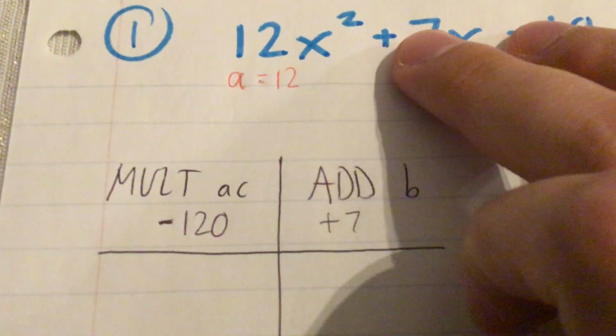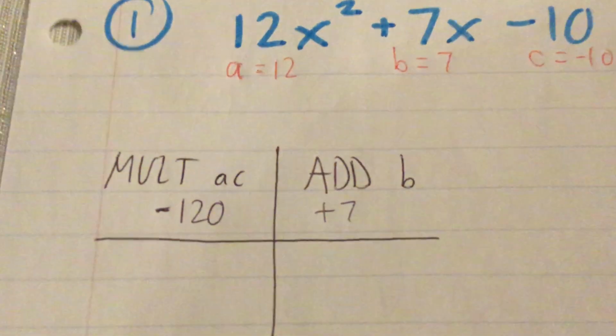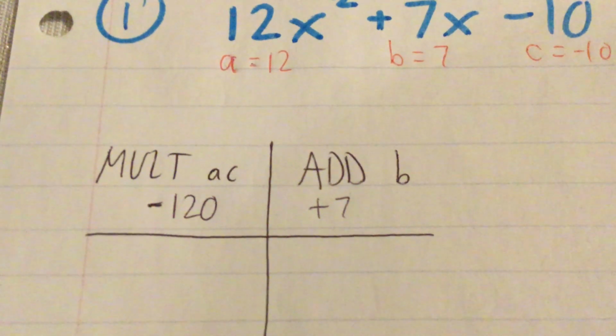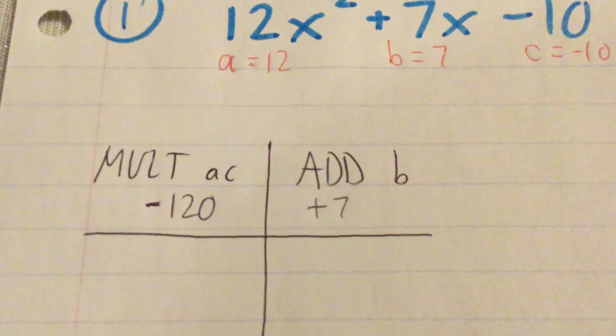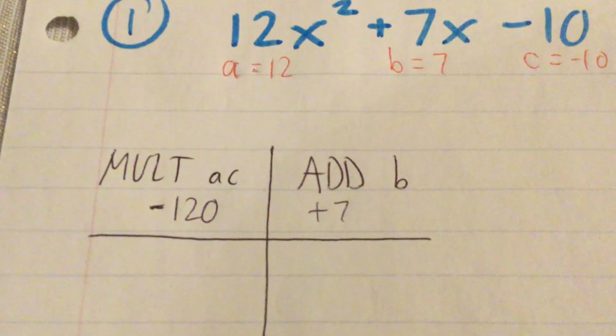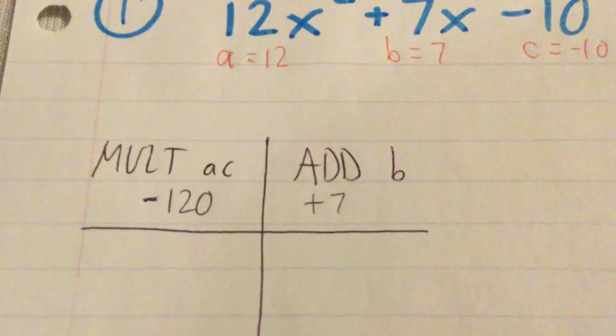What does the positive negative mean if it adds to a positive? It means that the positive needs to be stronger than the negative. So make a list of positive times negative where the positive number is bigger than the negative. I'll let you pause the screen and figure this out on your own.